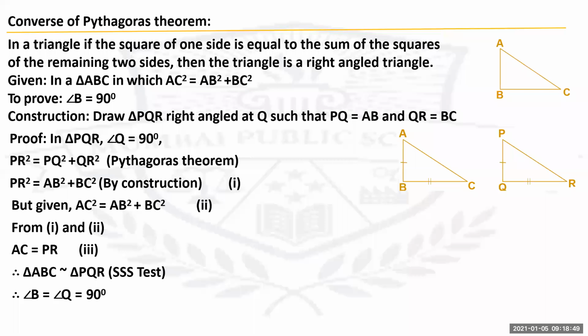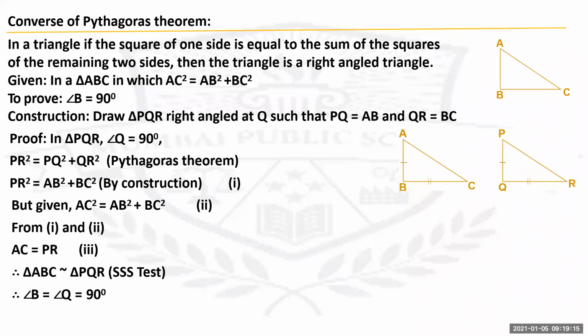This is the opposite of the Pythagoras theorem: the thing which you had to prove in the Pythagoras theorem is given in its converse. You have to prove that angle B equals 90 degrees.